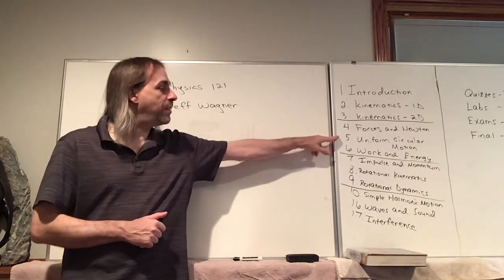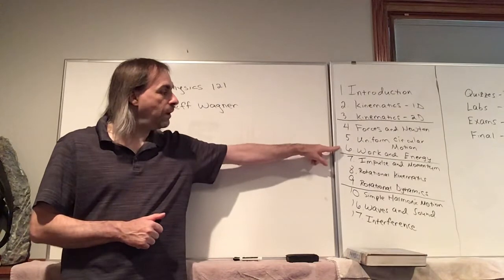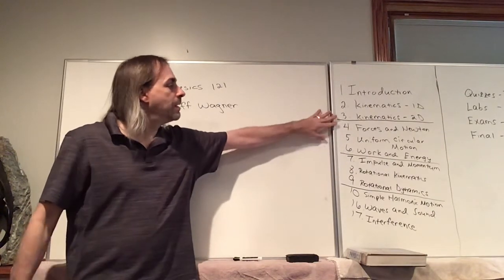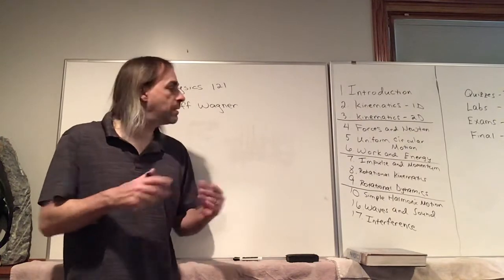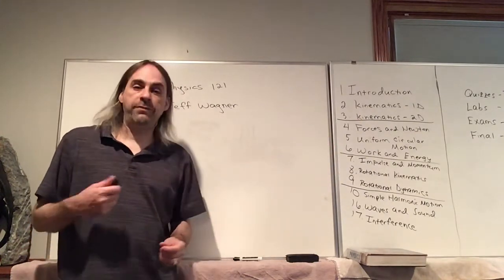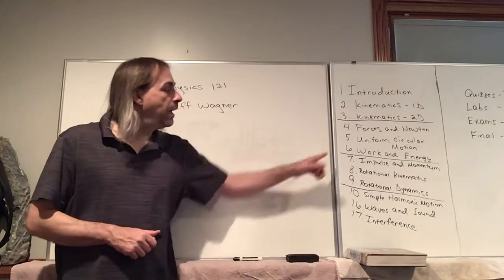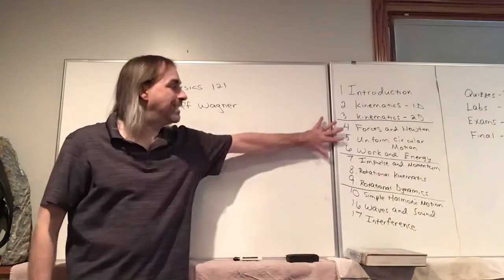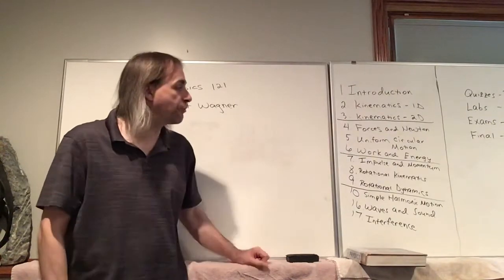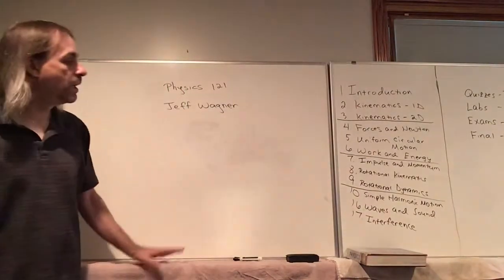We cover that in chapter 5. And then chapter 6. So like chapter 4, we kind of consider Newton's laws in more of a linear case. And then in chapter 5, in circular motion. And then we get to work and energy. And that's another kind of section of 3 chapters.